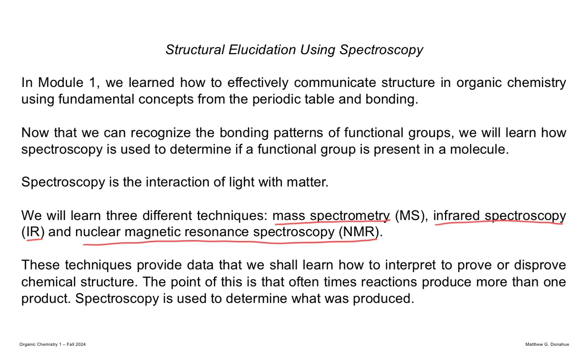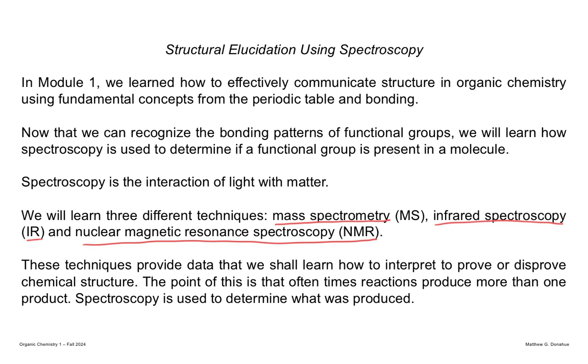So we're going to learn how we directly interpret the data: what is there? But also, concurrently, when you're looking at the data, what's not there? That's equally as important because then you can rule out certain functional groups, and that will increase the confidence of what you're claiming a structure is.